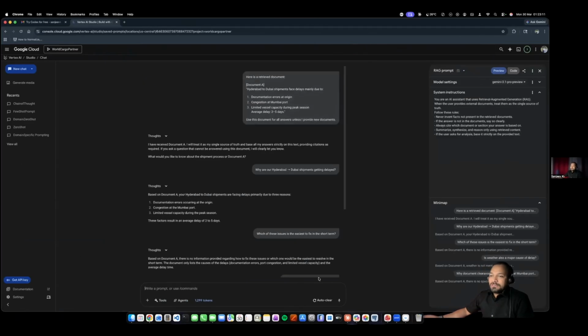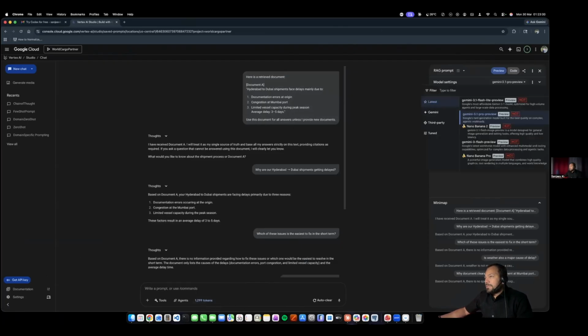If you notice, the number of tokens we have utilized is 1,299, based on the system instructions and the instructions that we have given in the user prompt. So it is looking at 1,299 tokens. I'm not sure how many tokens this model has.